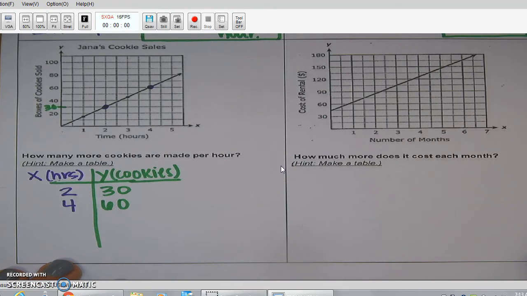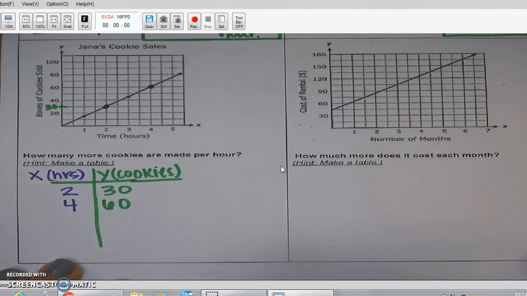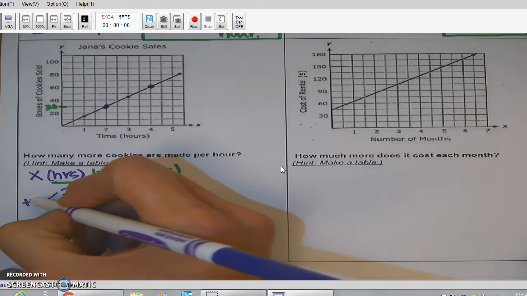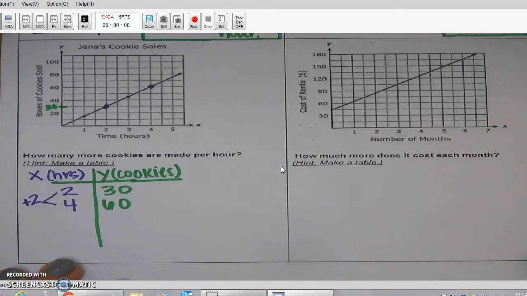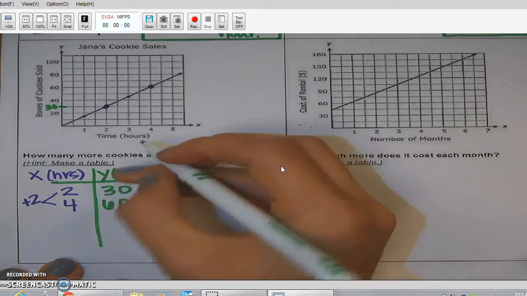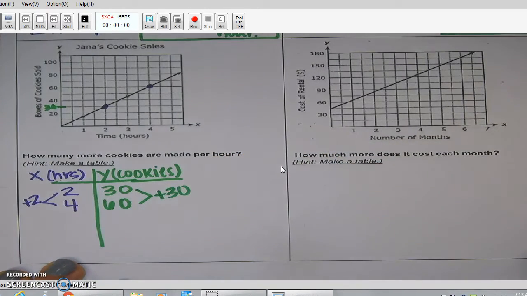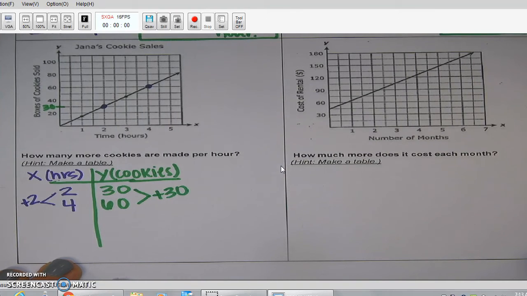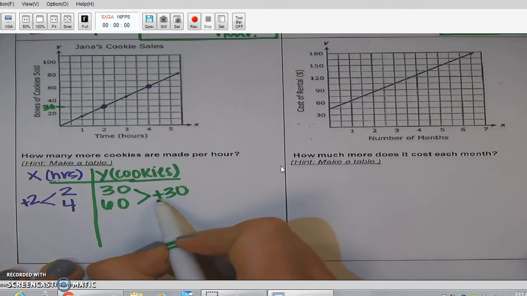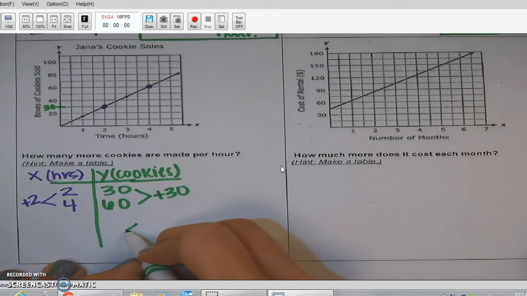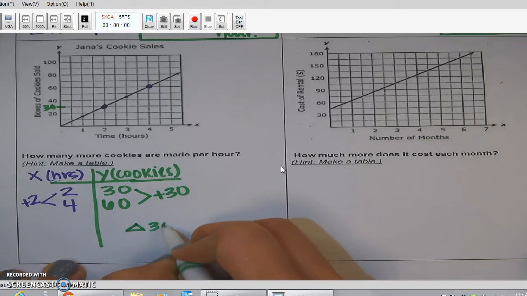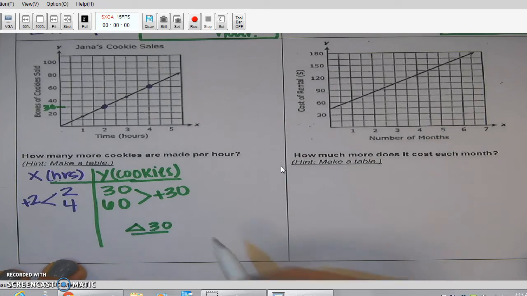Okay, so let's go ahead and look for our pattern. My x is increasing by 2 hours, while my y is increasing by 30 boxes of cookies. So we want to know how many cookies they sold per hour. Since they sold 30 in 2 hours, my change in y value is 30 cookies sold, in 2 hours.